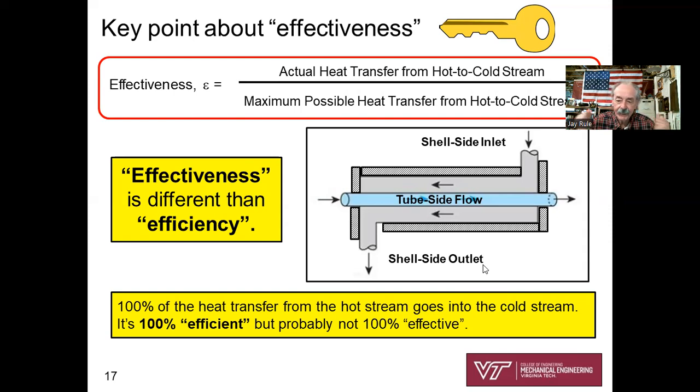So basically, it's 100% efficient, but not necessarily 100% effective. Okay, so that's an important thing for students to understand. For well-insulated heat exchangers, 100% of the heat leaving the hot goes into the cold.